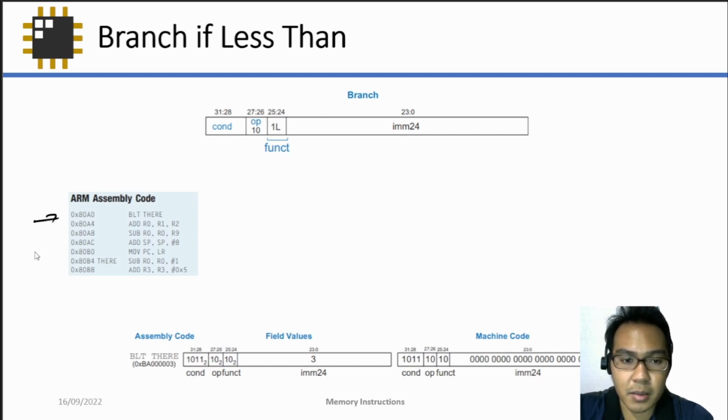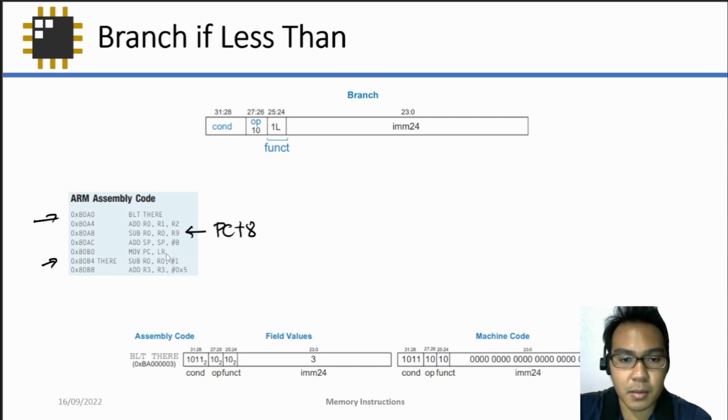So PC plus 8 is two instructions after this. So this is PC, and this is PC plus 8. 80A0 is 80A8 if you add 8 to it. So that's PC plus 8.